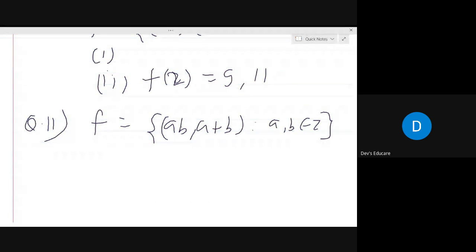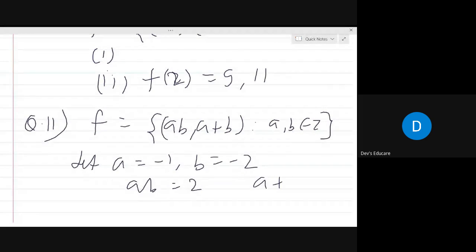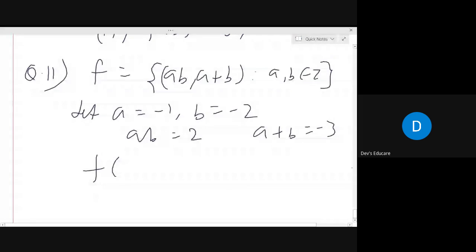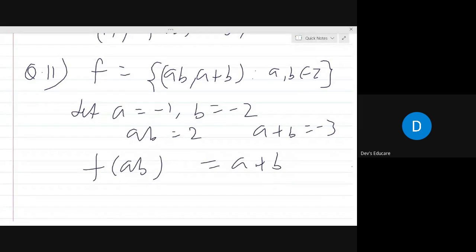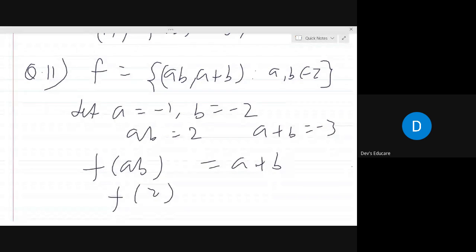Let us take a equals -1 and b equals -2. Okay. So we have ab equals 2, and a plus b equals -3. F(ab) equals a plus b, it's been given in the question. F of ab, so F of 2 is what? -3.